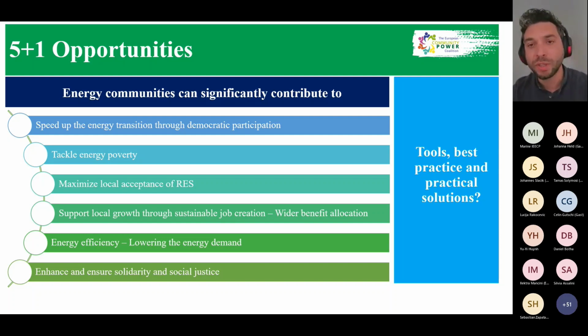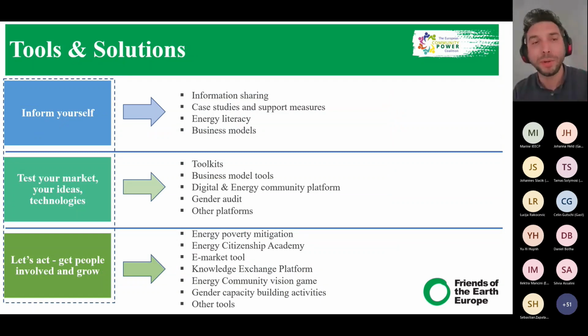Now, the question is, what are the tools, the best practice, and what are the practical solutions that someone could leverage in order to move ahead? So I think this session, from those three different blocks of discussion, how to inform yourself with information sharing, different case studies and support measures, different business models, energy literacy, and so on, is extremely important.